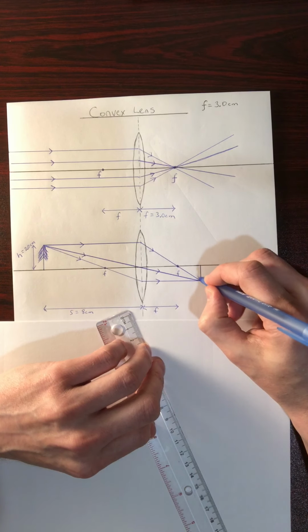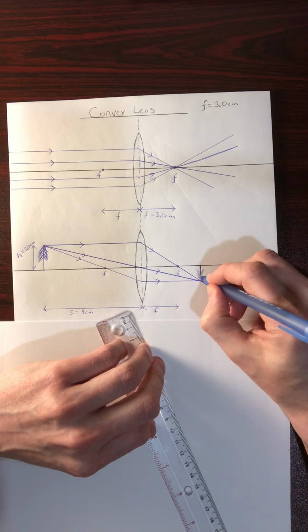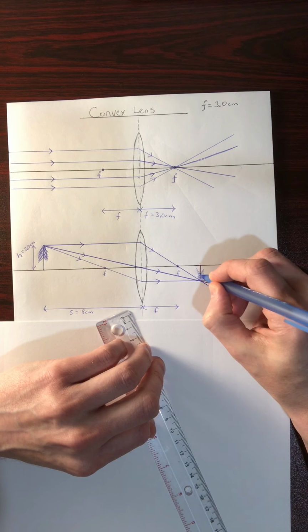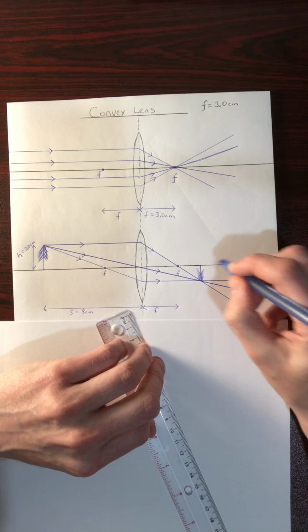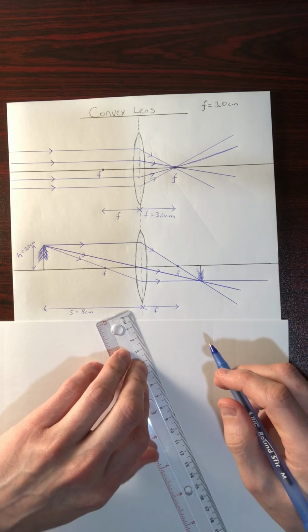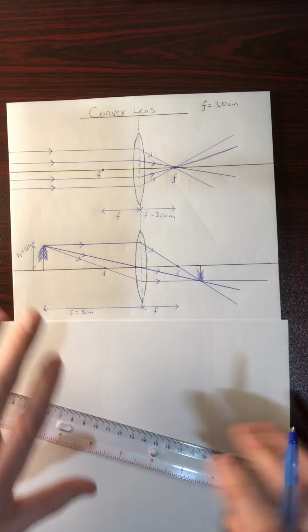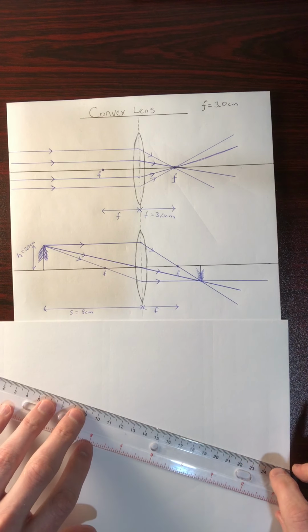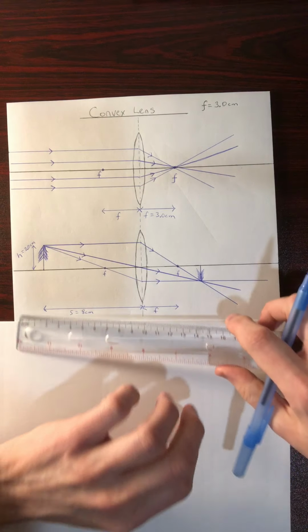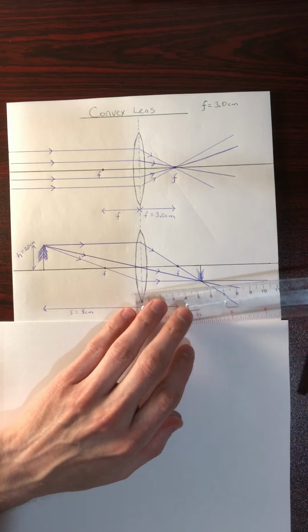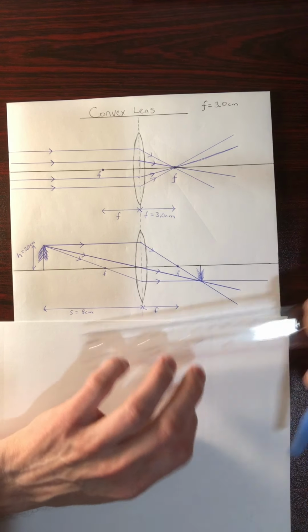So I'm just going to draw this tree as best I can. So now I've got this image of the object, and we can estimate, based on our carefully done drawing here, what its height is, and we also figure out what its distance away from the lens is.